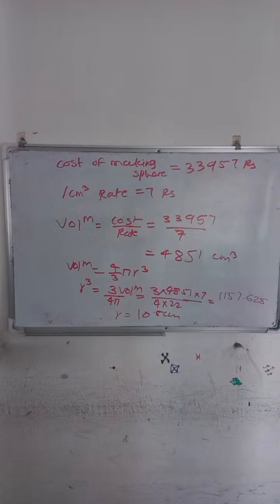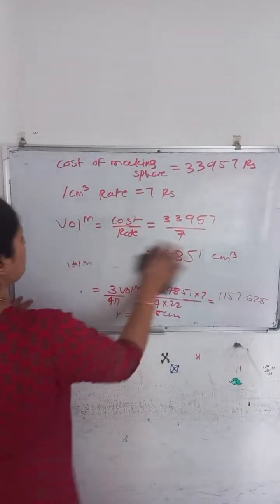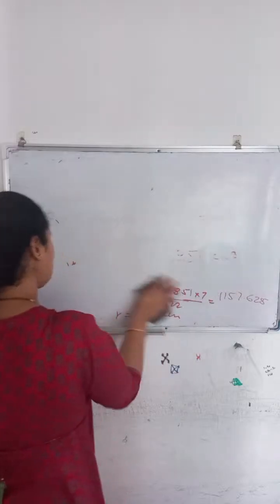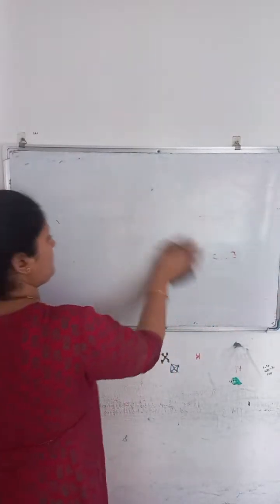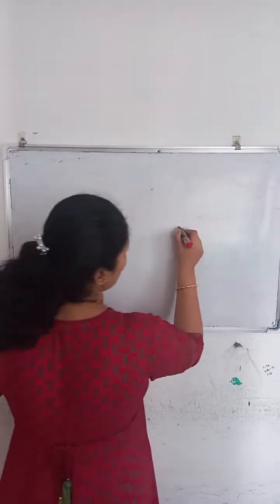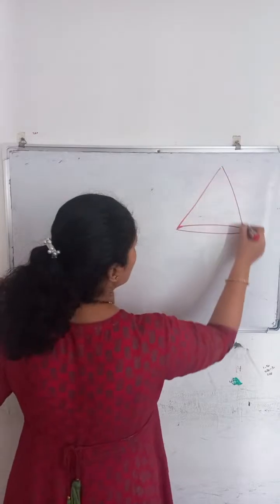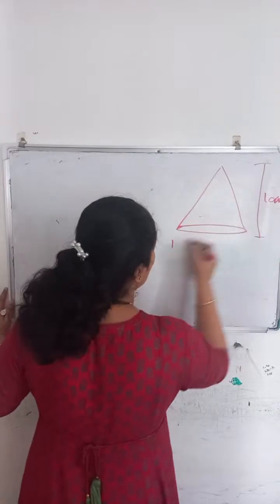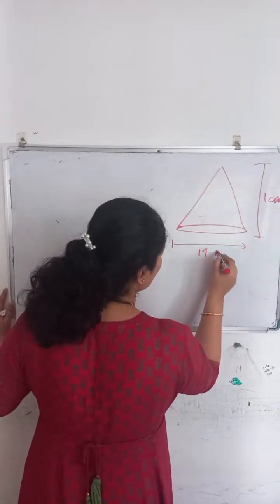So initially they have 300 meter square cloth. Now they made a tent and they gave a diagram for the tent. I will draw it here. This is the tent, which is conical in shape, whose height is 10 meter and total diameter is 14 meter.